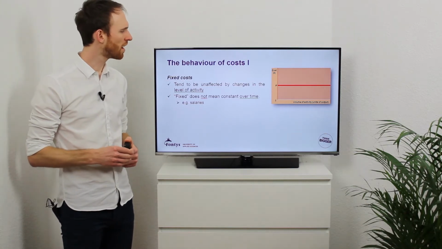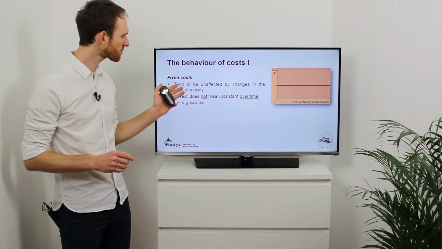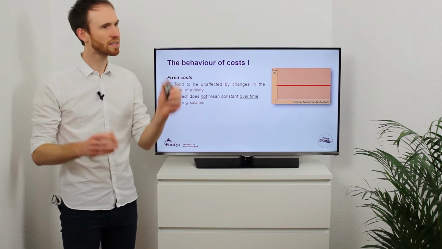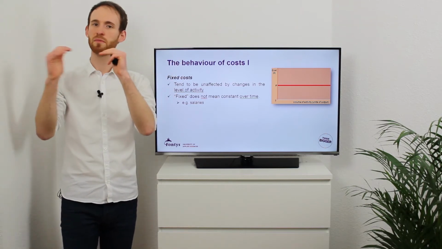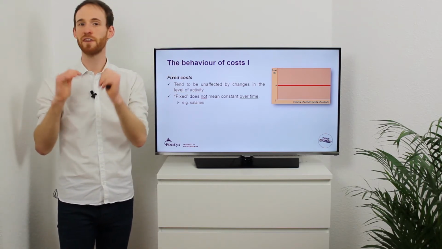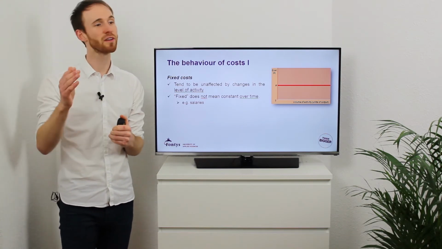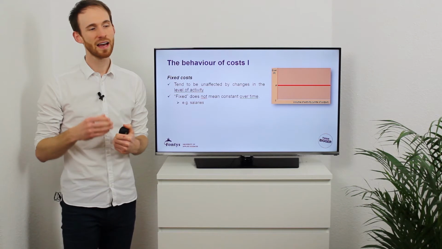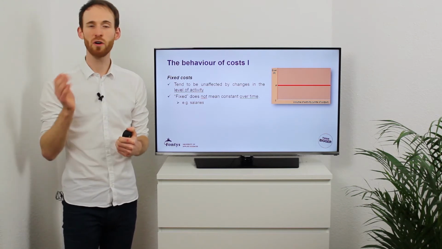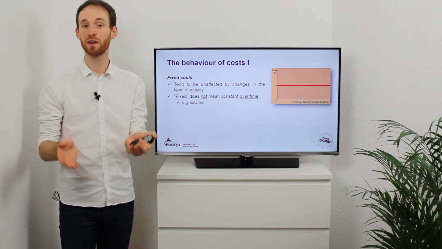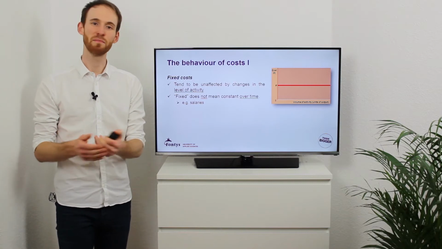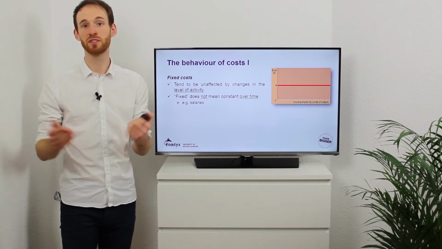So it is a stable cost factor. Or if we look at rent, if we produce a product in a factory and we produce 300 or 400 units, it doesn't matter. We paid rent once for the factory, and so it stays the same.